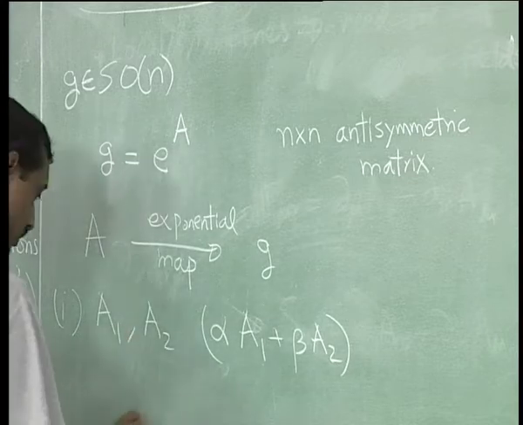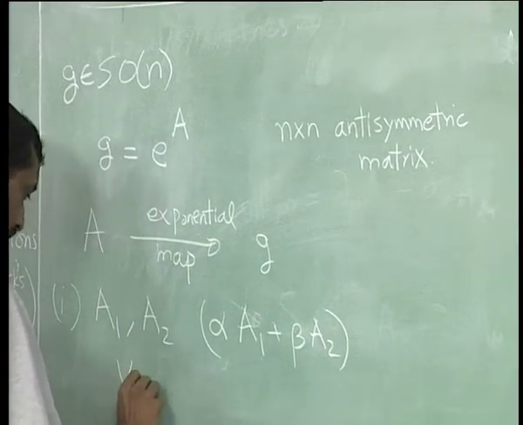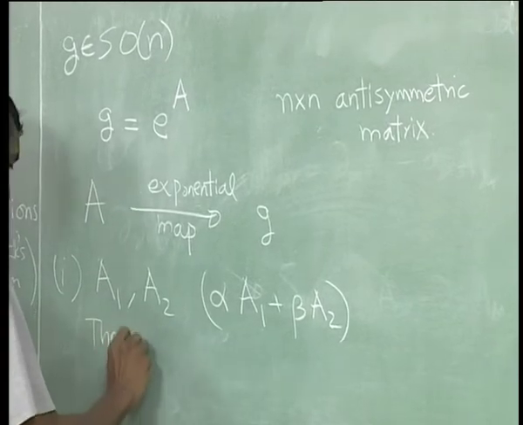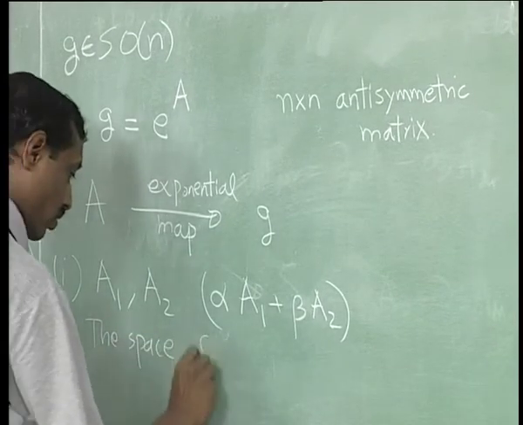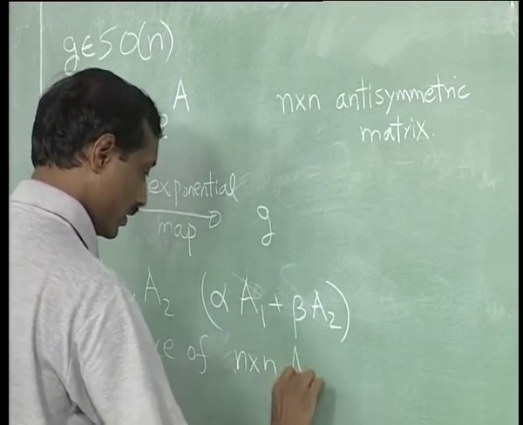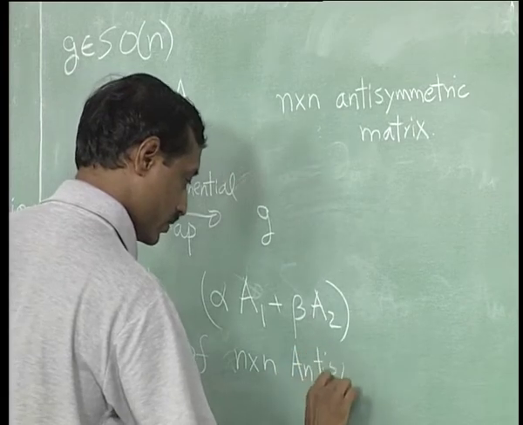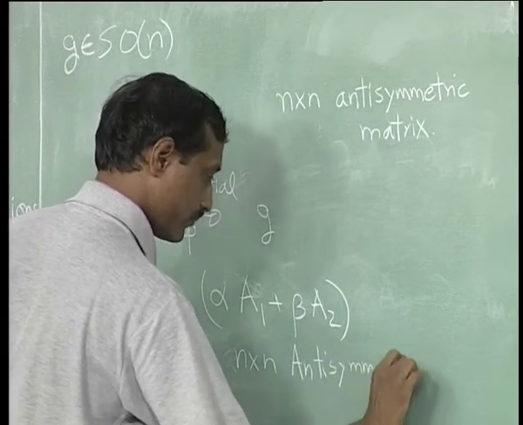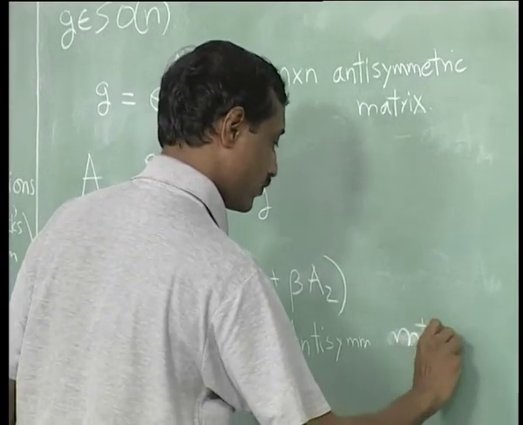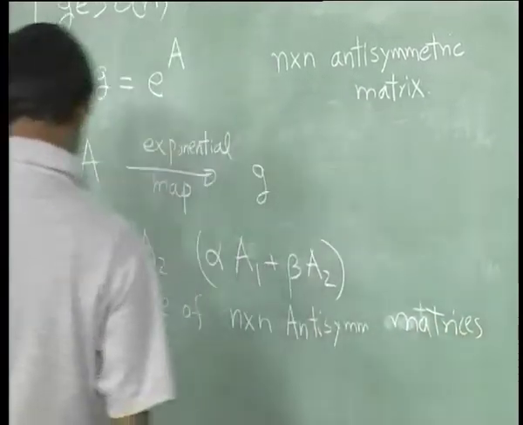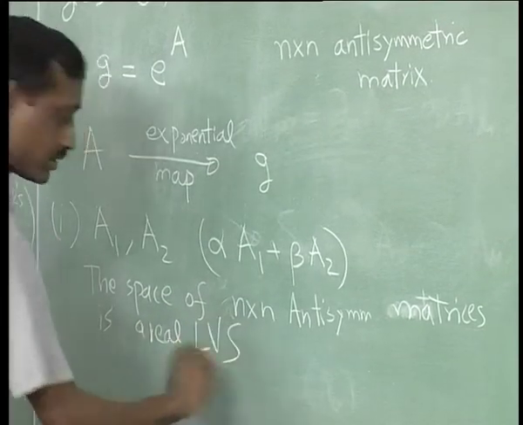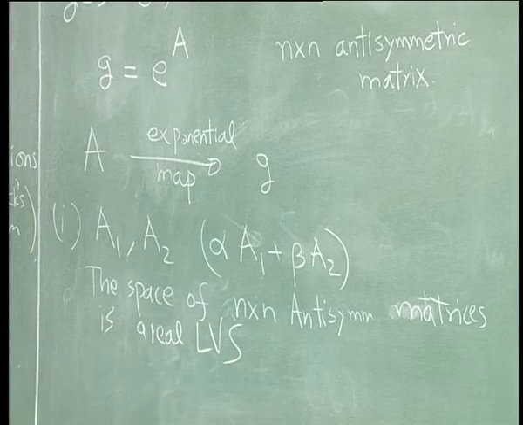So, let us write this out. The space of n by n antisymmetric matrices with real entries for now is a real LVS. LVS is short form for linear vector space, of what dimension?